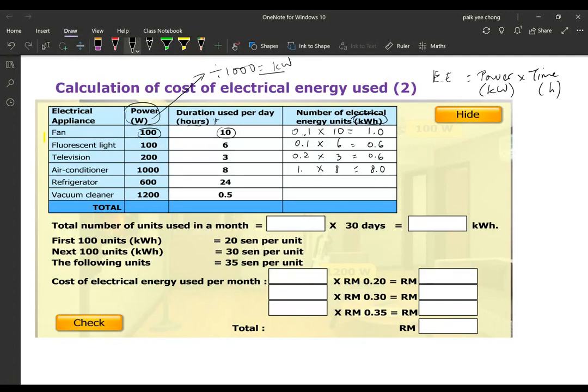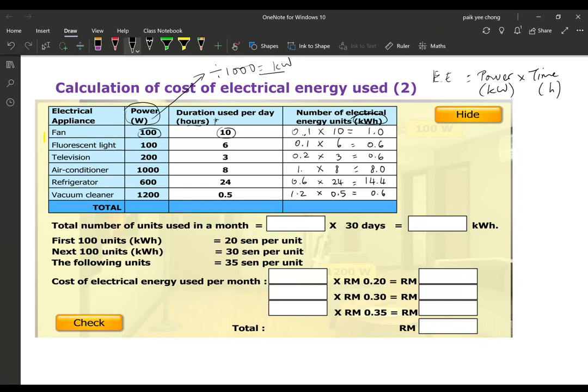Refrigerator, 600 watts, converted to kilowatt is 0.6, times 24. You can use a calculator here: 24 times 0.6 is 14.4. And the vacuum cleaner, 1200 is 1.2, times 0.5, which is half an hour, so 1.2 times 0.5 is 0.6.